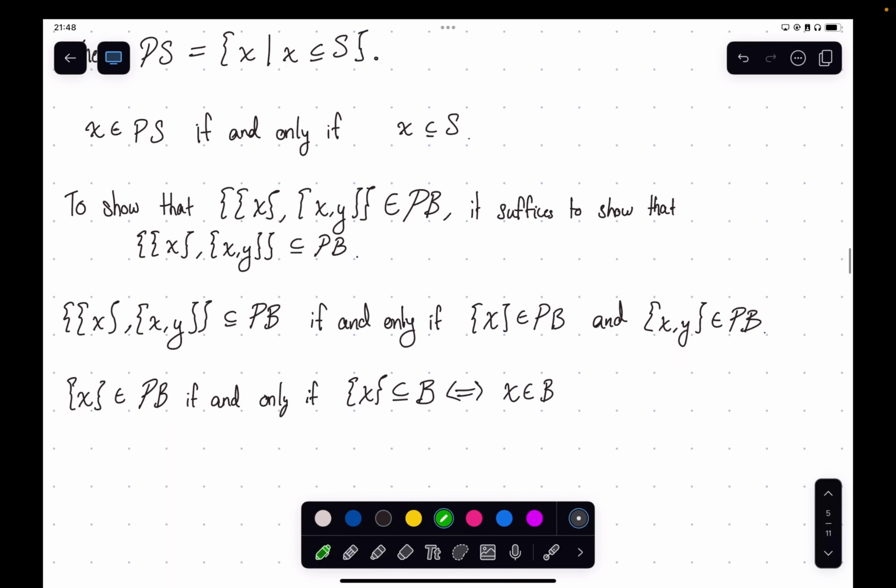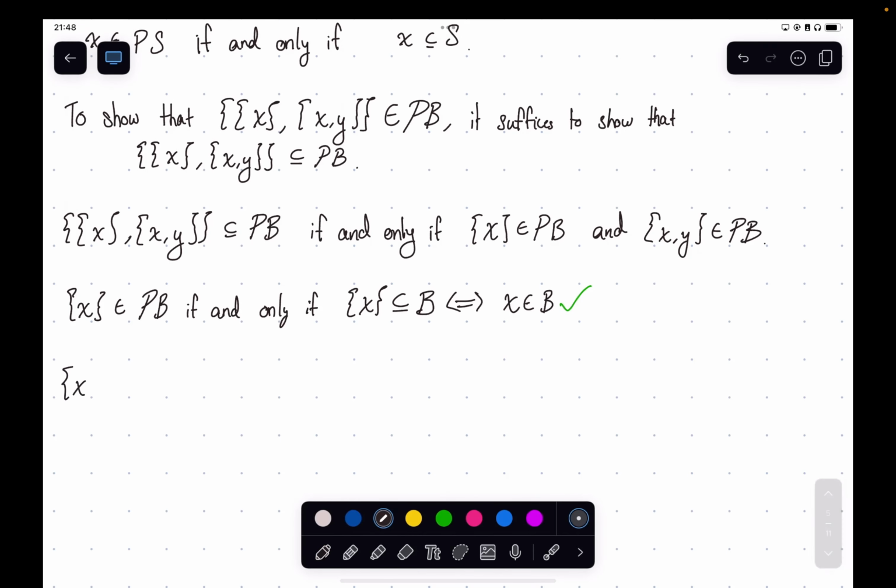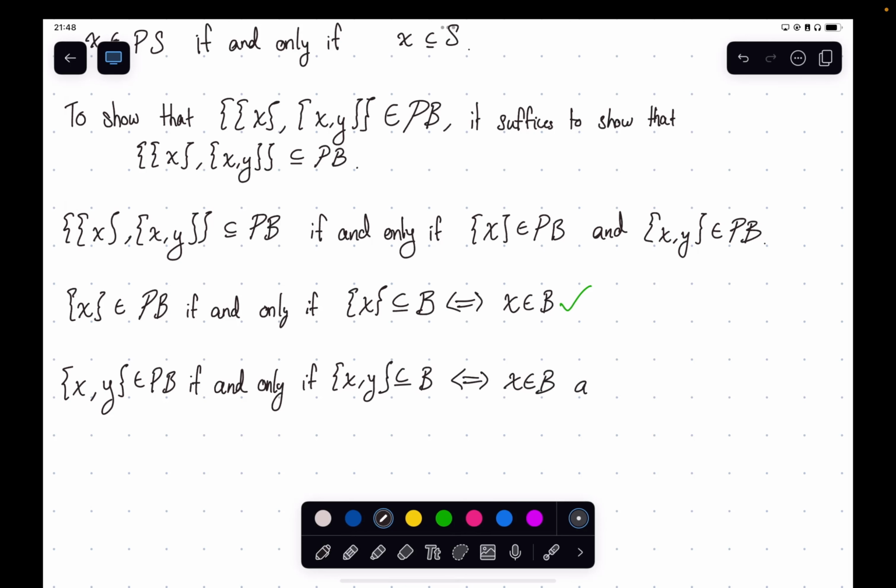So this is good. Now similarly, the set X comma Y is in the power set of B if and only if X comma Y is a subset of B, if and only if X is in B and Y is in B. Now is this true?